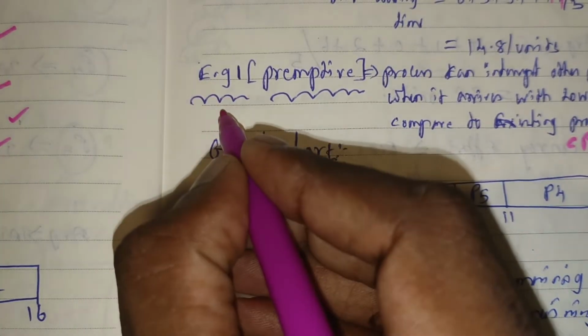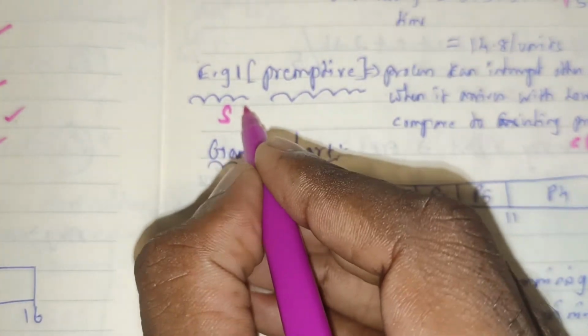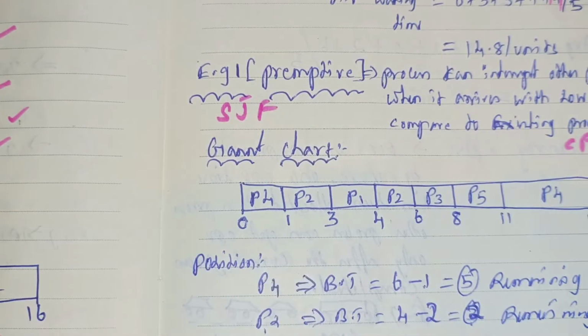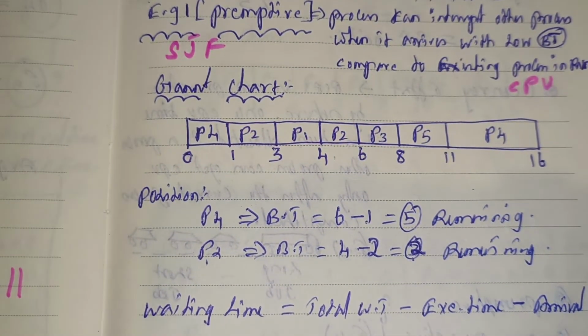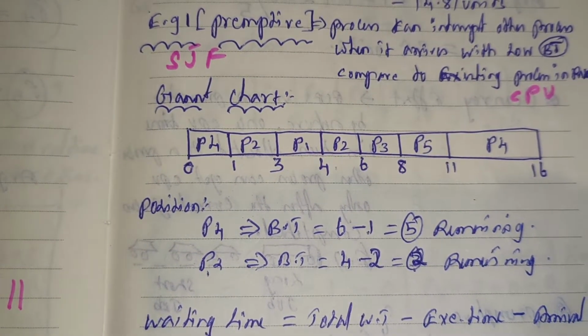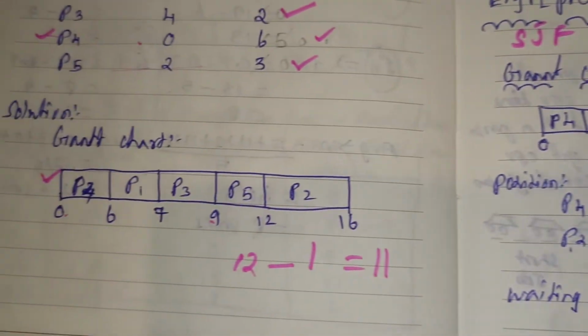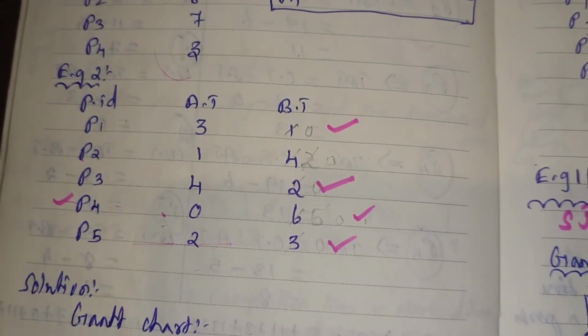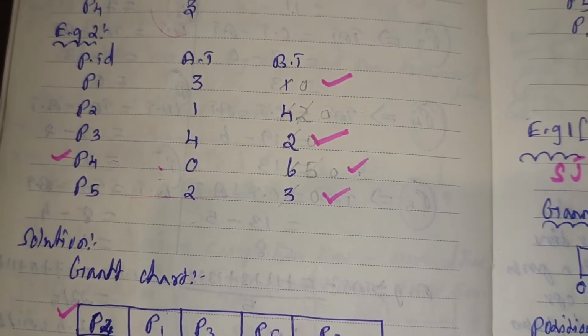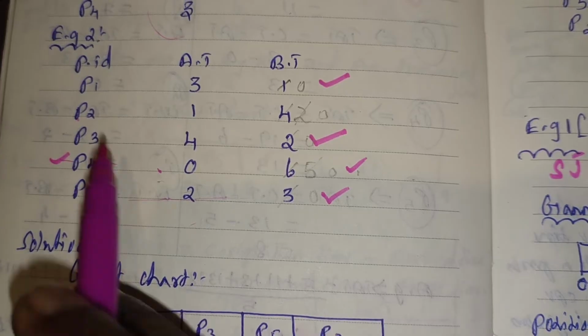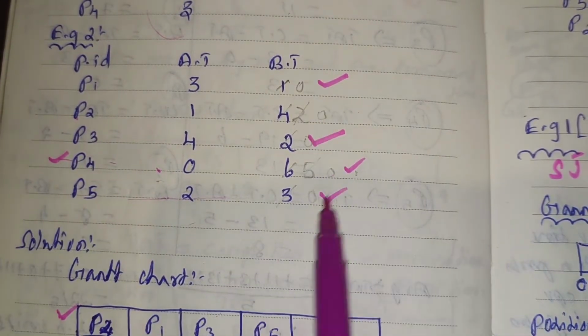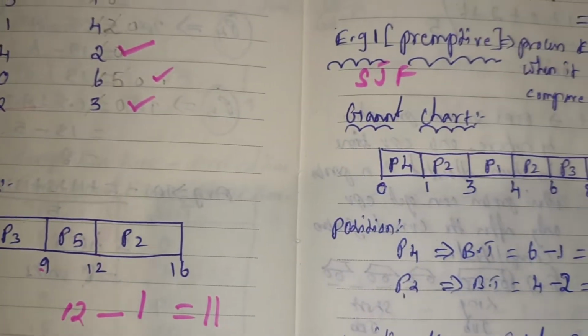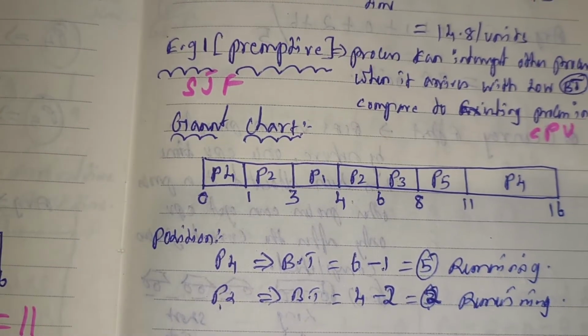This is the example for the scheduling algorithm called SJF, that is shortest job first. I have taken the same example which I explained for non-preemptive SJF, the same processes. Now let's check one by one.